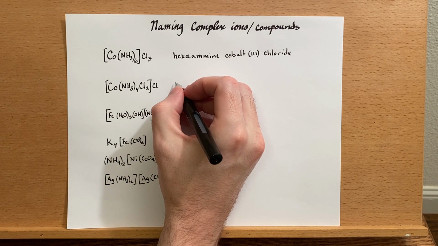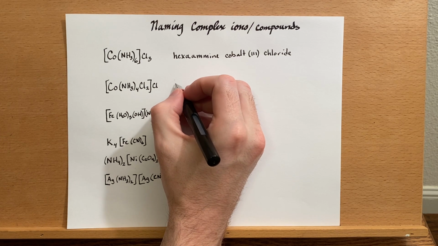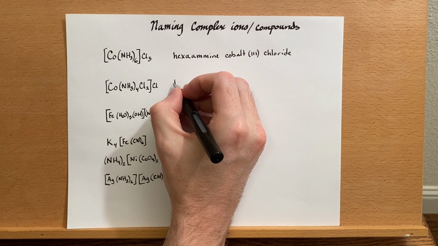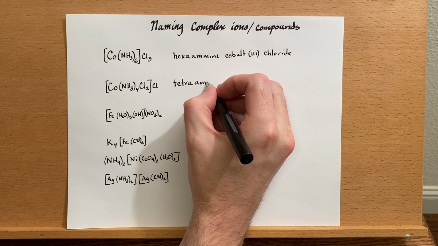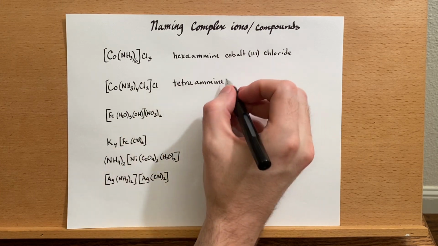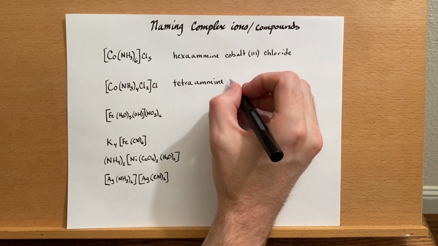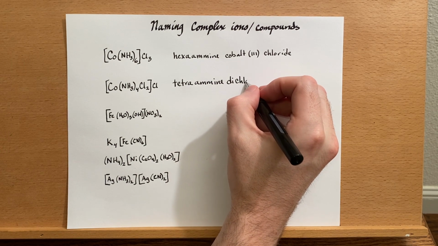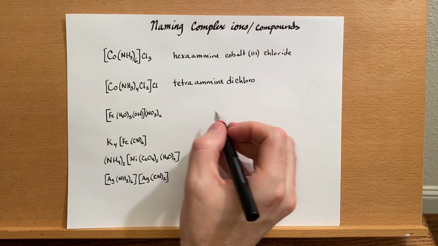So the name for this would be tetraamine, because there's 4 amines, and 4 is tetra. Amine has 2 M's. Tetraamine, and then 2 chlorides, so dichloro. Chloro, ends in an O there.